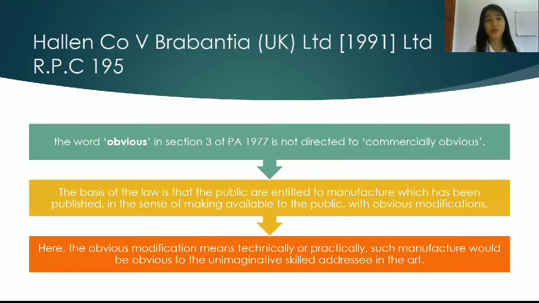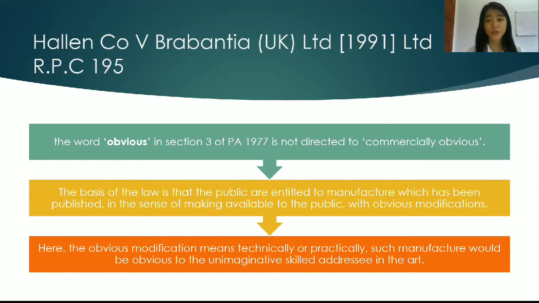In the case of Helen Cole versus Brabantia UK Limited, the judge held that the word obvious in Section 3 of the Patents Act 1977, which is the Patents Act of the United Kingdom, is not directed to commercially obvious.